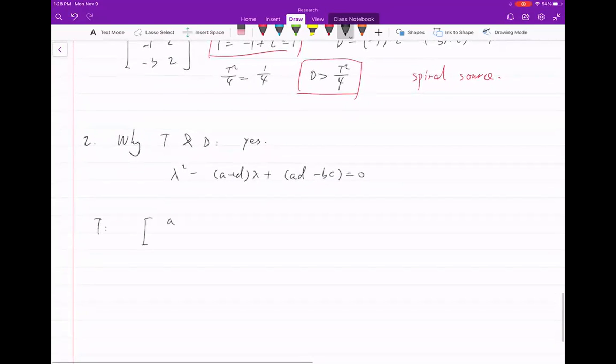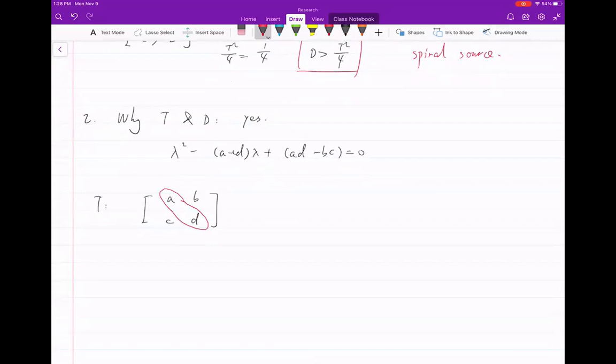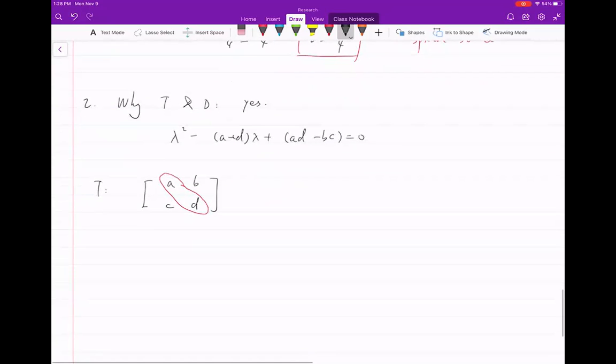A plus D is easy. But really, if you look at the structure, A plus D is what happens here. That is the sum of all the diagonal of the matrix. This one actually has a name. It's called the trace of A, given by TR A. If you have a 4 by 4 system, 5 by 5 system, just add all the diagonal elements together.